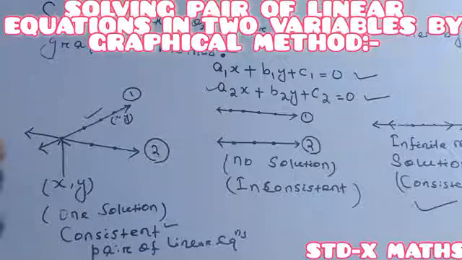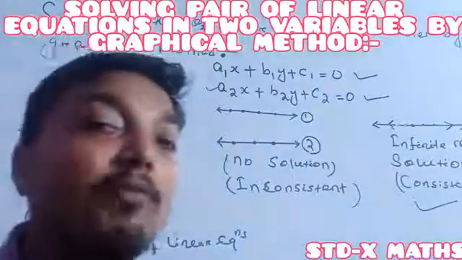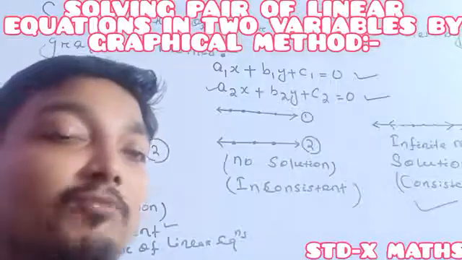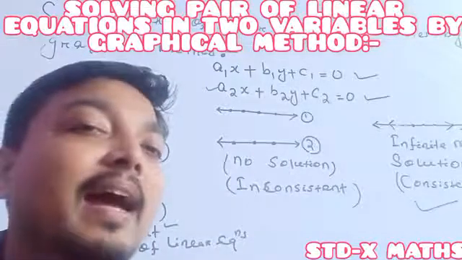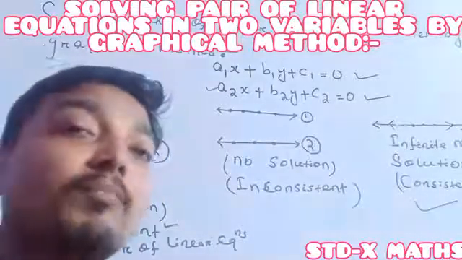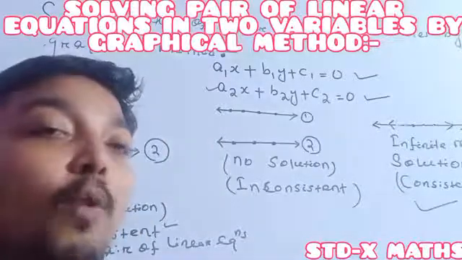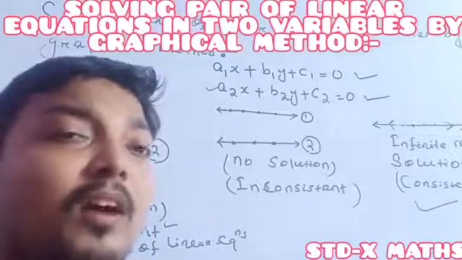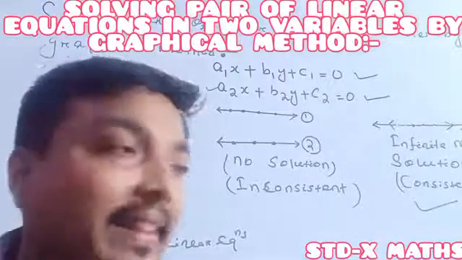Okay. So then the mathematicians drew many examples of pairs of linear equations in two variables in graphical representation. And from the graphical representation, one common thing was obtained by them.